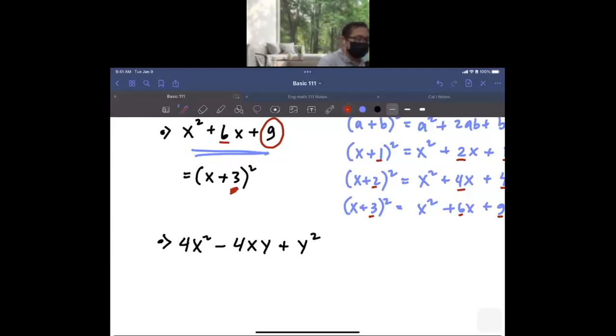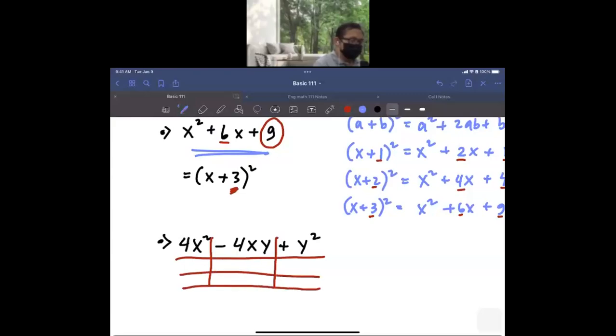The best way to look at it, I think, is using the table, like I mentioned before, and then maybe try x, and the other one is y. But if we cross multiply, it will be plus, so we need to make it minus. So I think this will be our perfect square: 2x minus y squared.